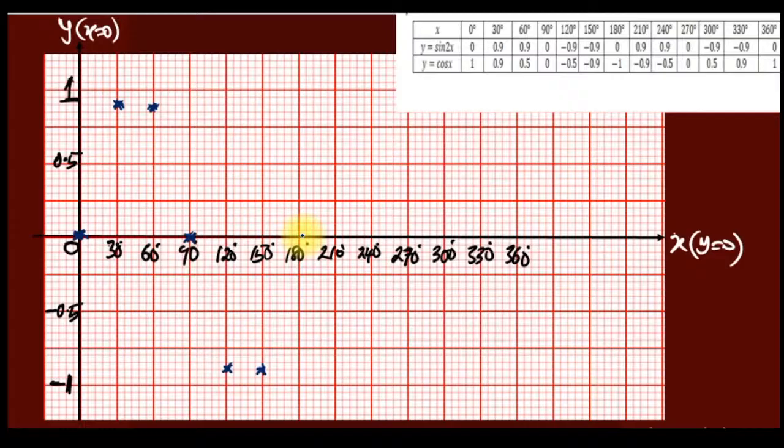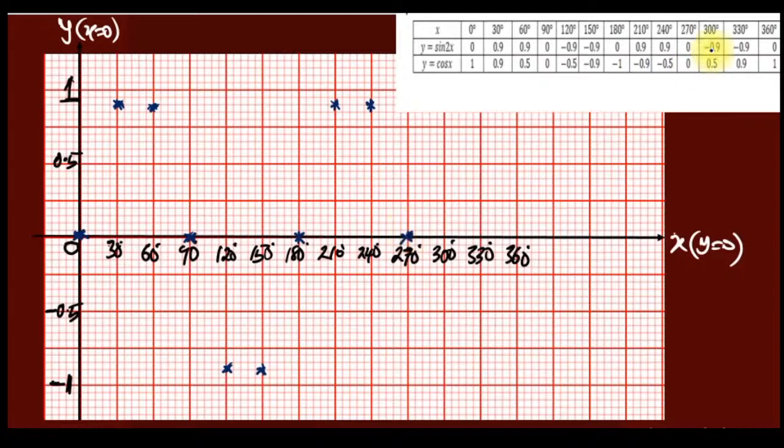That's it. For 210 it is 0.9, that's positive, so we go up. For 240, the same, positive. For 270, 0, so we stay at 0.